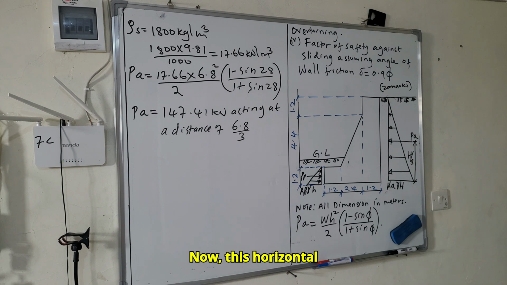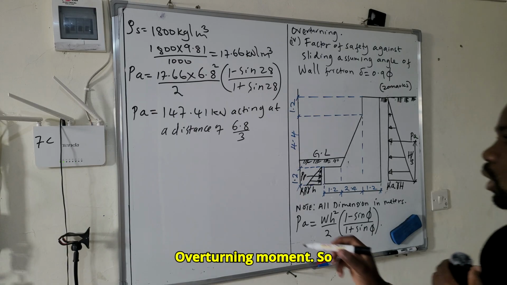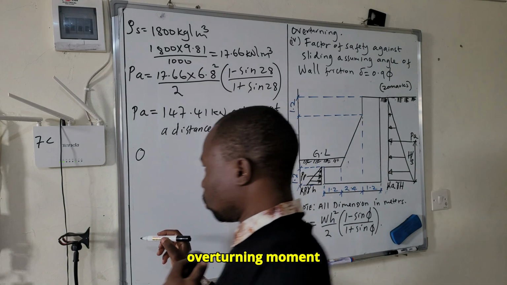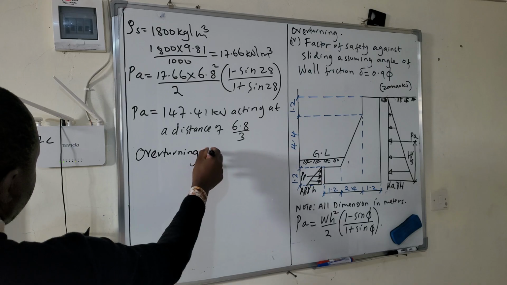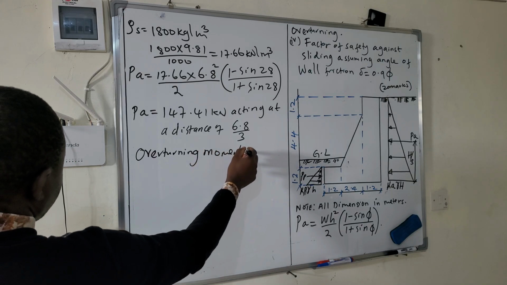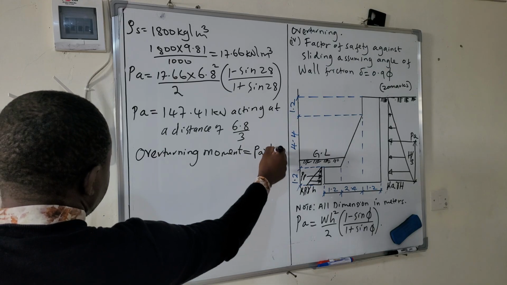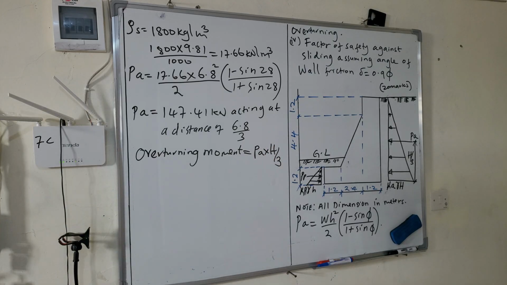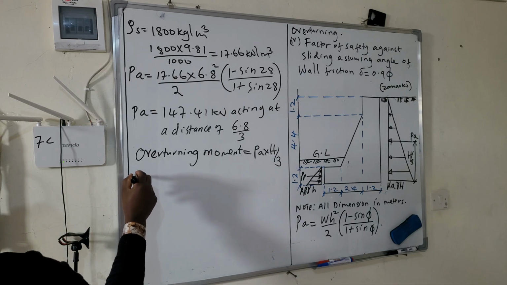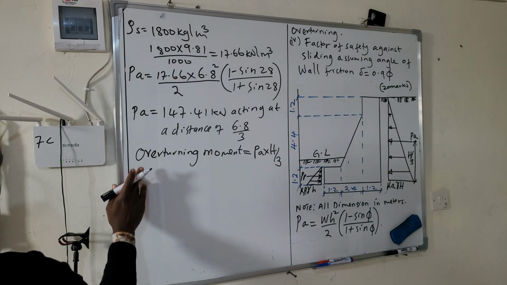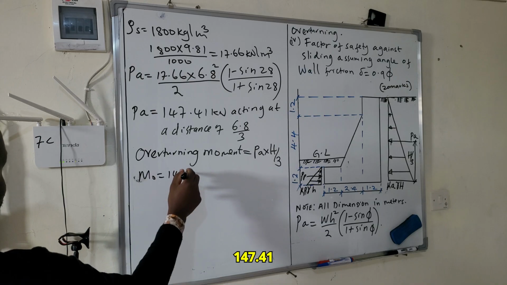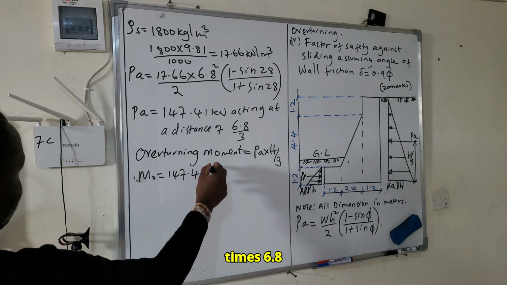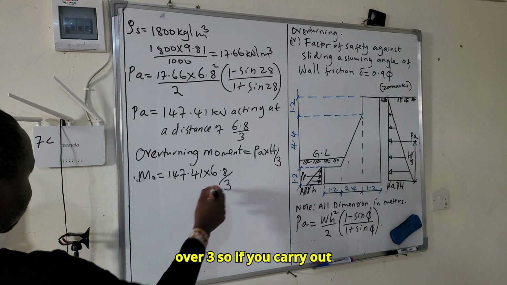Now, from this horizontal force, we can obtain the overturning moment. So overturning moment is equal to PA times h over 3, whereby PA is 147.41 times 6.8 over 3.